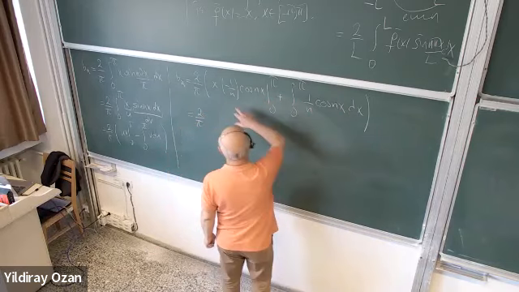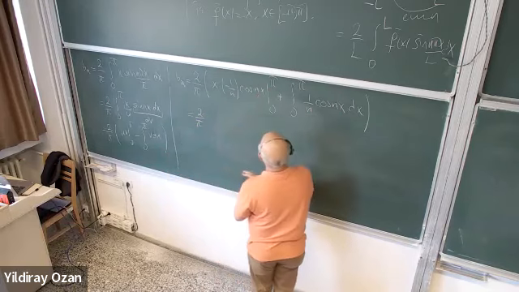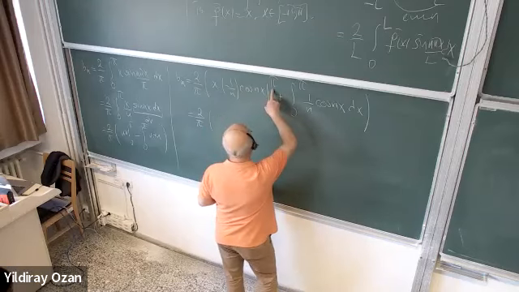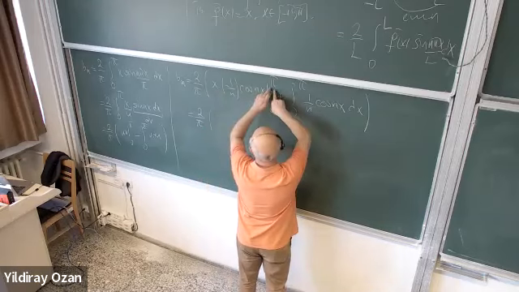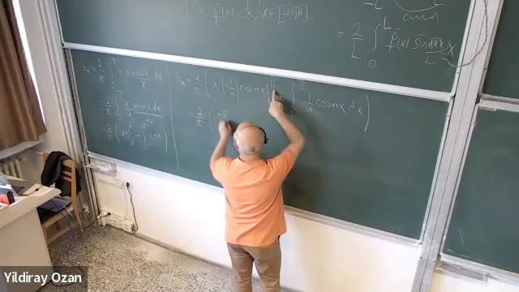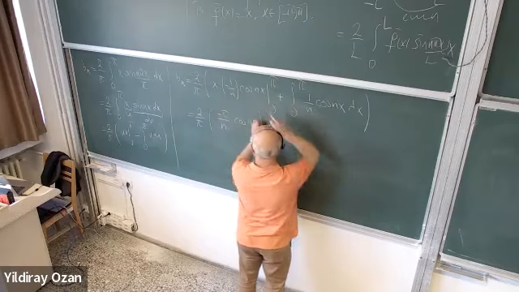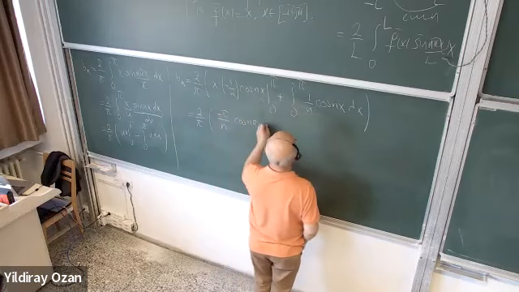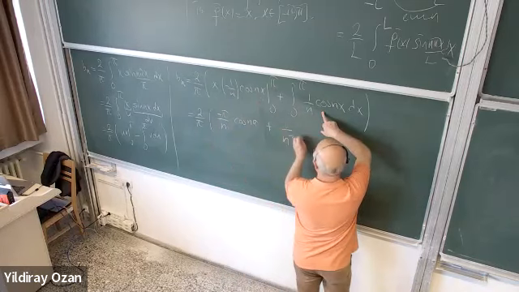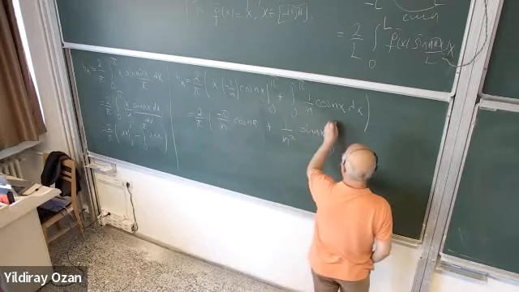Okay, now when I plug in, when I plug 0, I will get 0, so only this term will give me something. So minus pi over n cosine n times pi, plus the integral of this, which is just 1 over n squared sine nx, from 0 to pi.